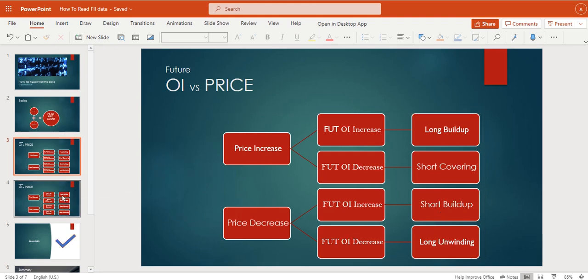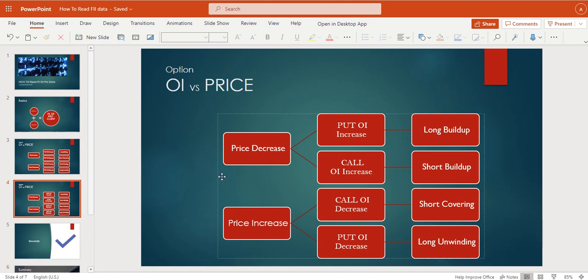Similarly for options, from the seller's perspective, the price can go up or down, or there could be a change in the open interest on the put side or call side. This will tell us whether long build up, short covering, short build up or long unwinding is happening. Short covering and long build up are referred to as bullish, while short build up or long unwinding are referred to as bearish.